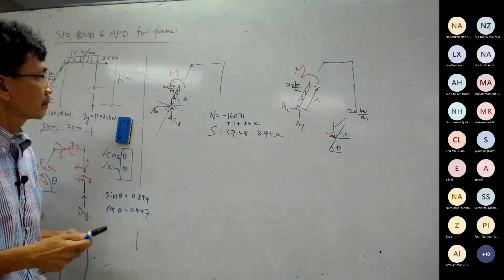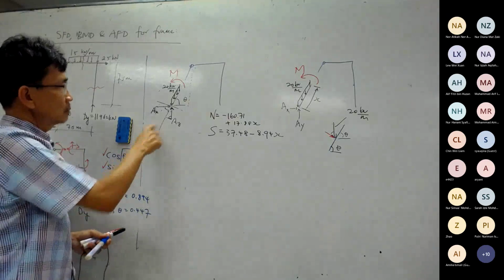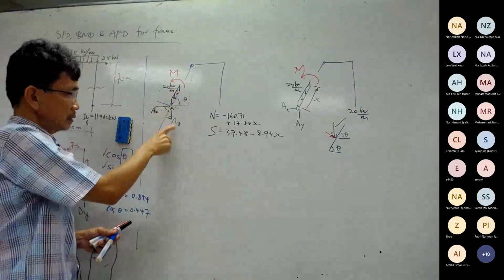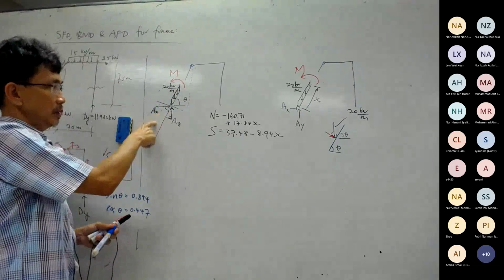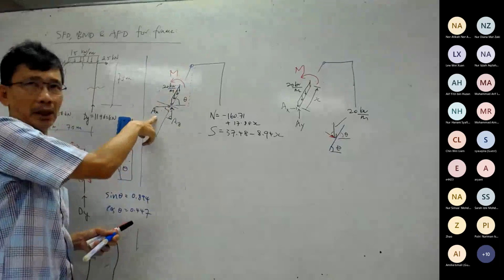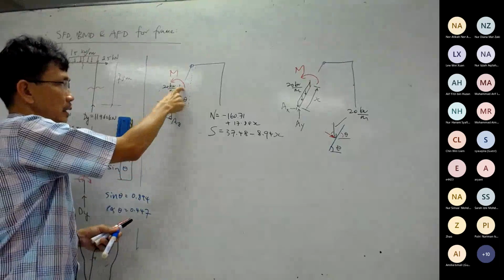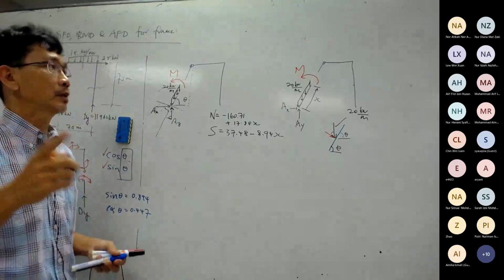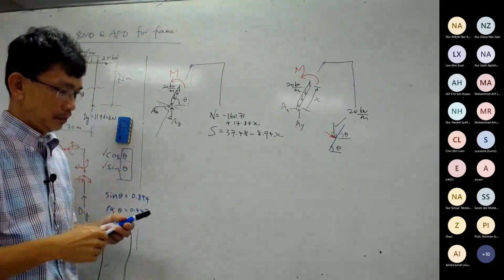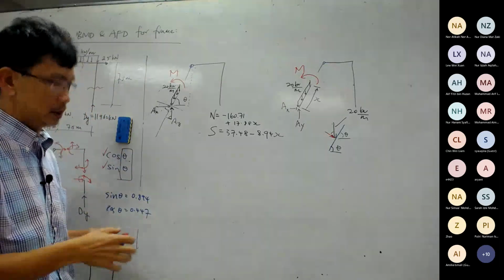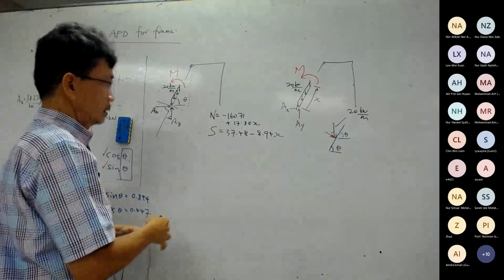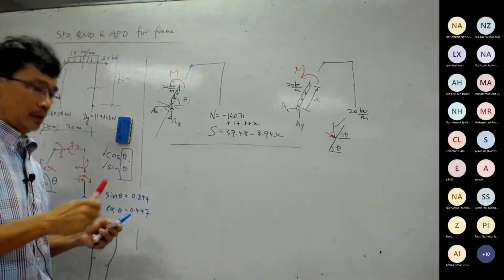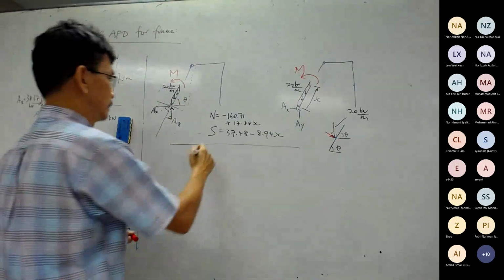Now we want to get the bending moment at this section caused by this AY. Next, the bending moment at this section caused by AX. Next, the bending moment at this section caused by this distributed load. And remember, bending moment is force multiplied with perpendicular distance.